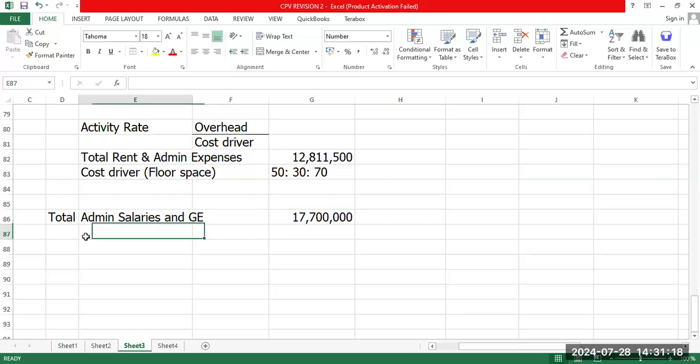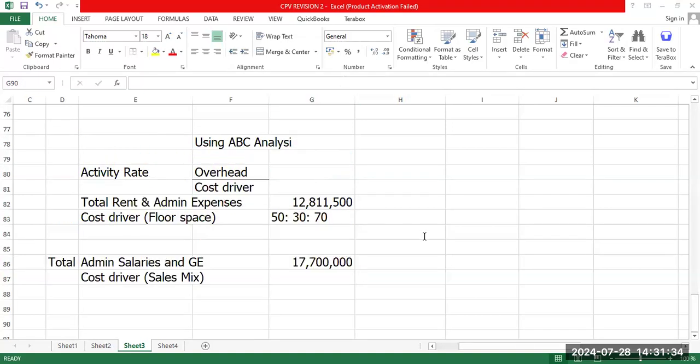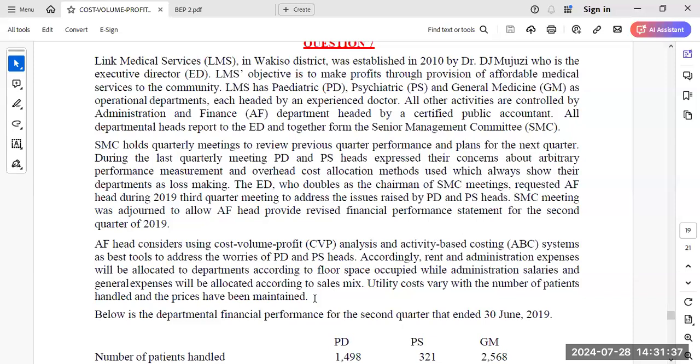And what is your cost driver? Cost driver here is what? In the question, they said it is sales mix. Here, administration salaries and general expenses will be allocated according to sales mix.